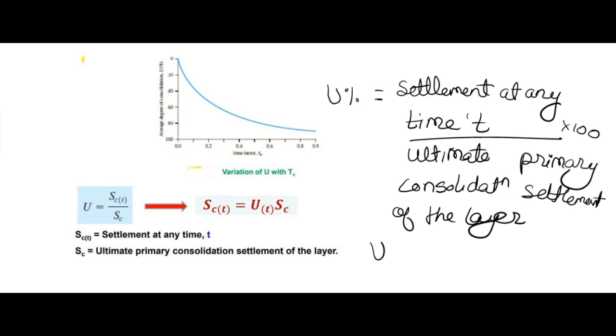So u percentage is nothing but delta small h by delta capital H. We have to find this, where small h is for any given time t, and the ultimate primary consolidation of the whole layer can be found out this way.